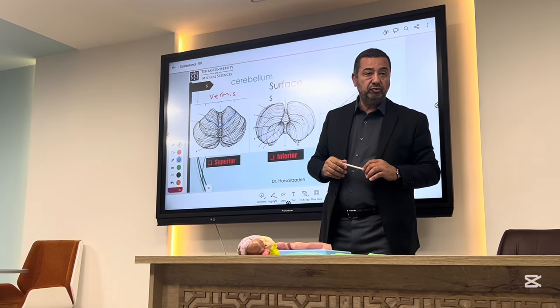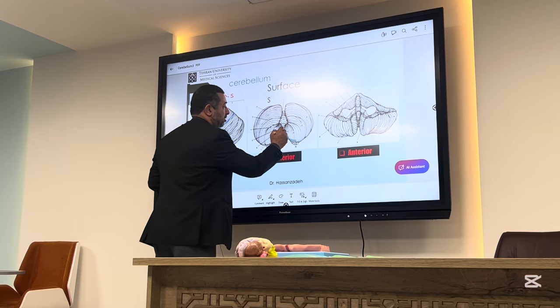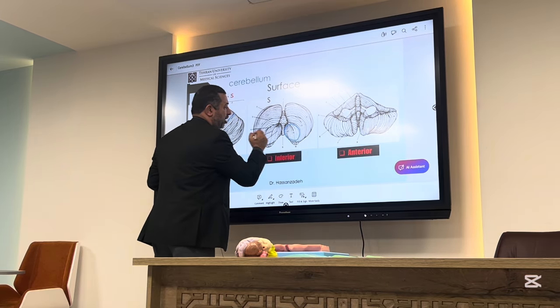In the inferior surface of each cerebellar hemisphere, near to the anterior part of this cerebellar hemisphere, on each side there is an oval structure.